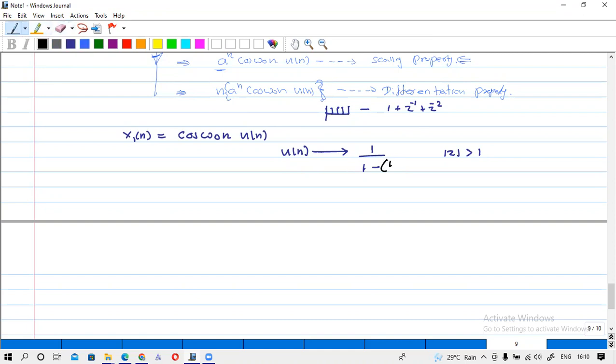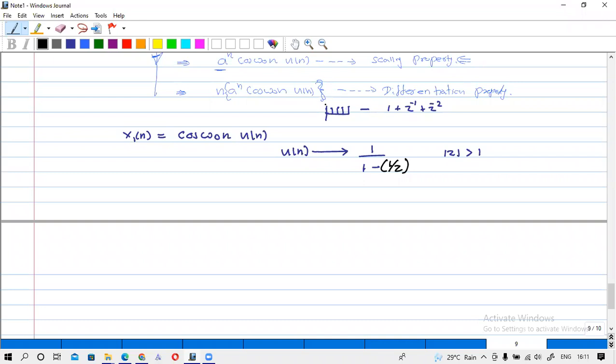This will be 1 by z. So u[n] will be 1 divided by 1 minus 1 by z. So I think this is okay. If I am doing any mistake, I think you can correct me.